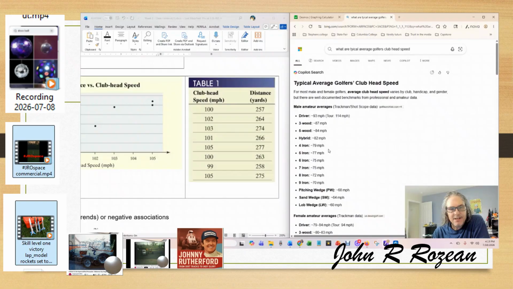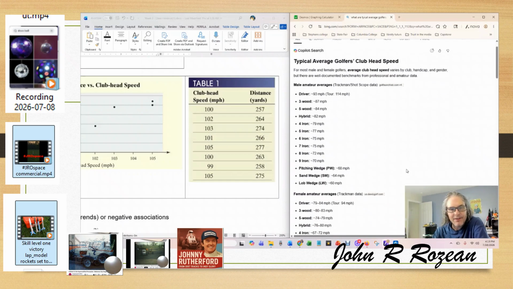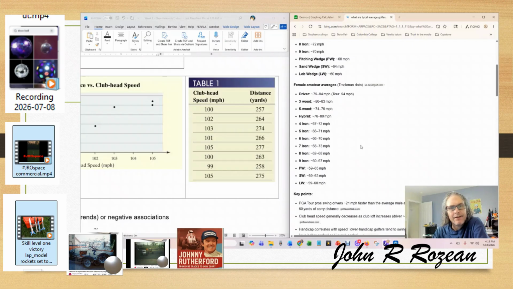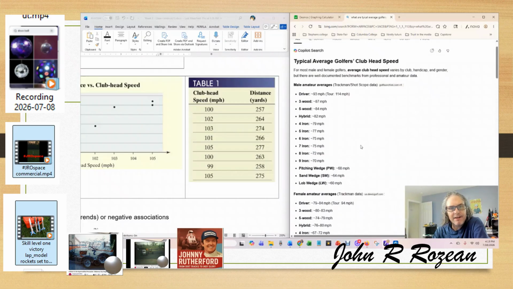So I guess we would need to clarify further, like, is it the driver, right? One of the woods, one of the irons? What is it? But anyway, look. The female average is about right there, and those are amateur averages.